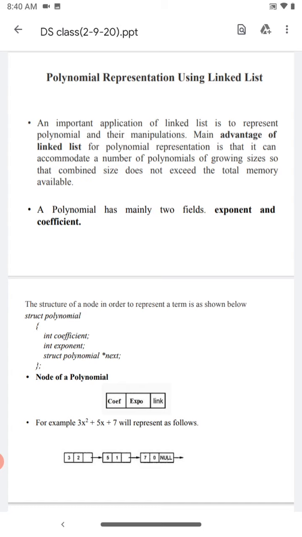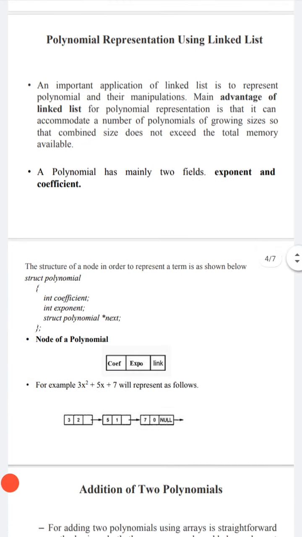In a linked list, a number of nodes are linearly connected. Here, when you represent the polynomial, the structure of a node is struct polynomial. Polynomial is a structure name.